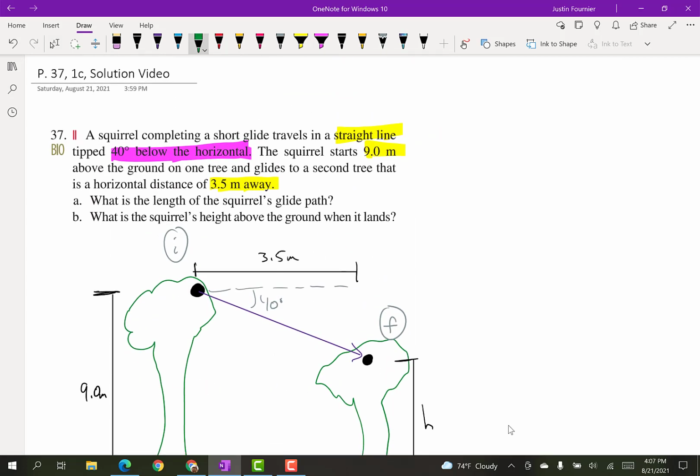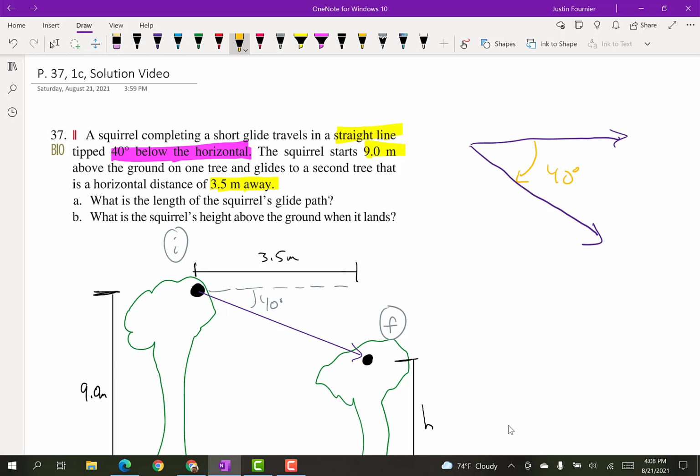So what do they mean by 40 degrees below the horizontal? Let's say you had an arrow pointing to the right on the horizontal. To go 40 degrees below the horizontal would be if the arrow got shifted down to this new position, rotated so that it's now 40 degrees below where it was before.